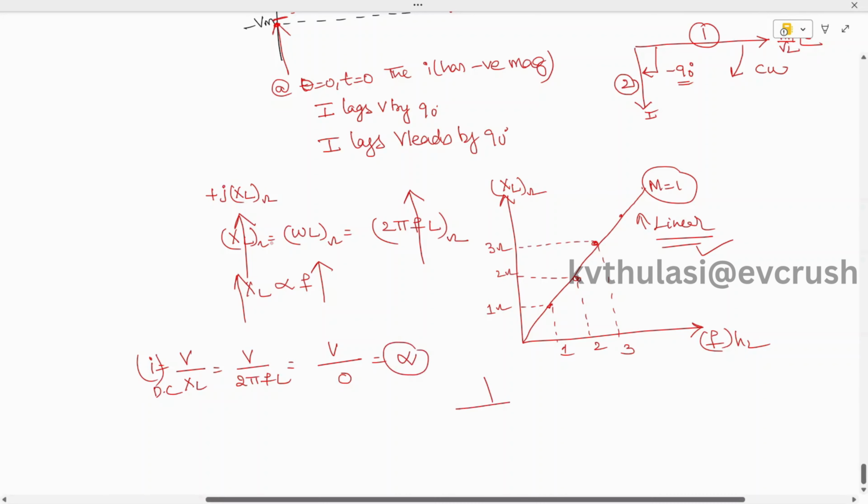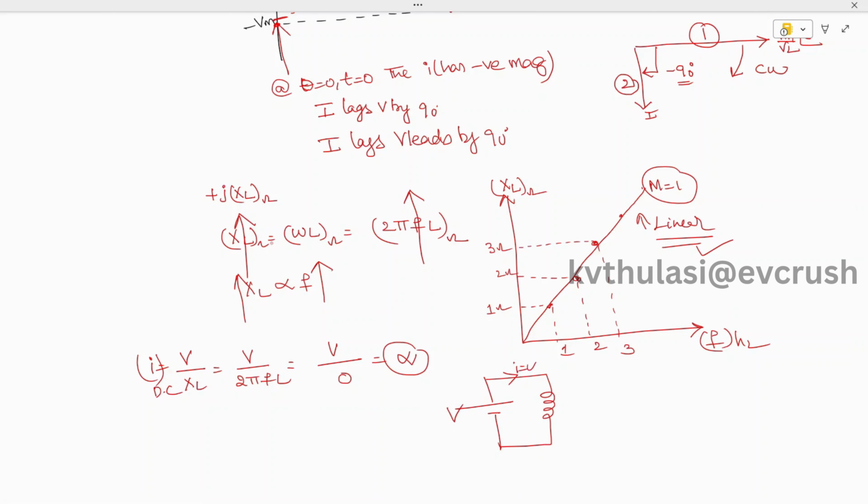So whenever a DC supply is given to an inductor, I'm giving a DC voltage, and automatically the current becomes infinity, sending the maximum current, and the inductor gets charged. This is in the case of a steady state.